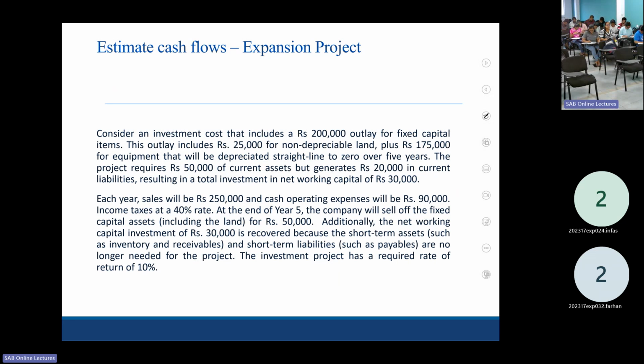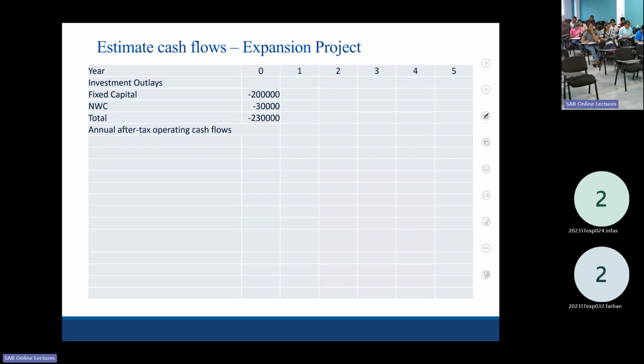Then net working capital. The project requires 50,000 of current assets and it generates 20,000 of liabilities. So there is a net working capital increase of 30,000.